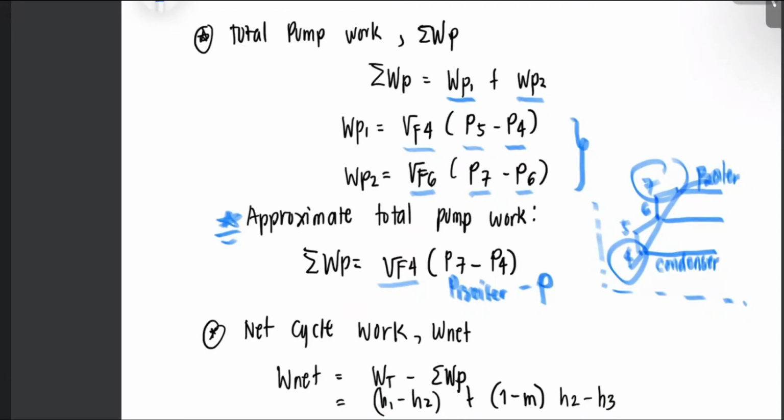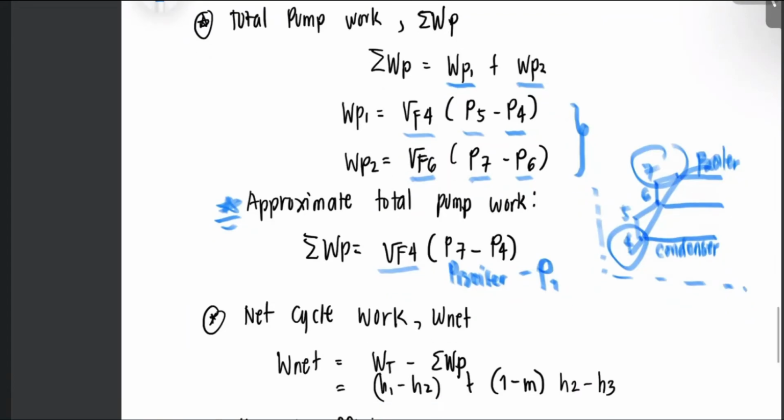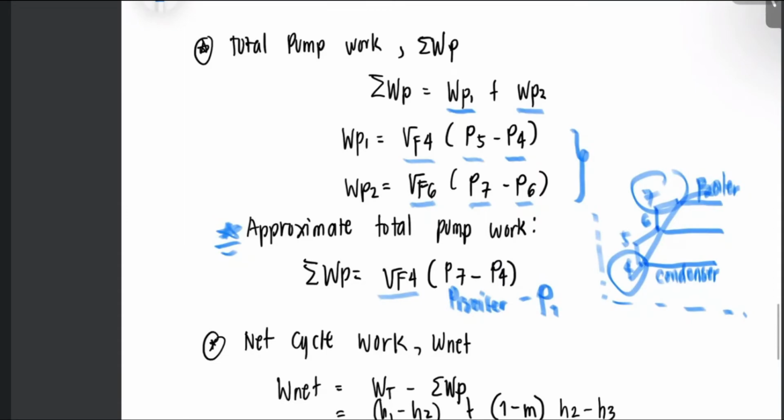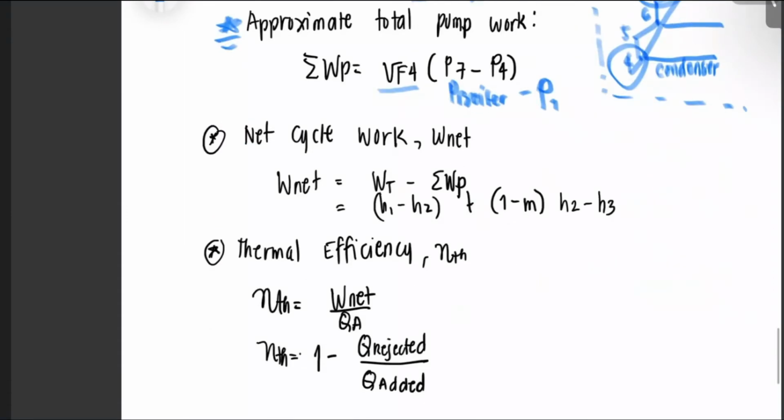Okay? Yan. Kung ano yung nangyayari doon kasi constant pressure naman nangyayari. So, that is the pressure also from the condenser. Okay? So, that is now the approximate total pump work in a regenerative Rankine cycle.